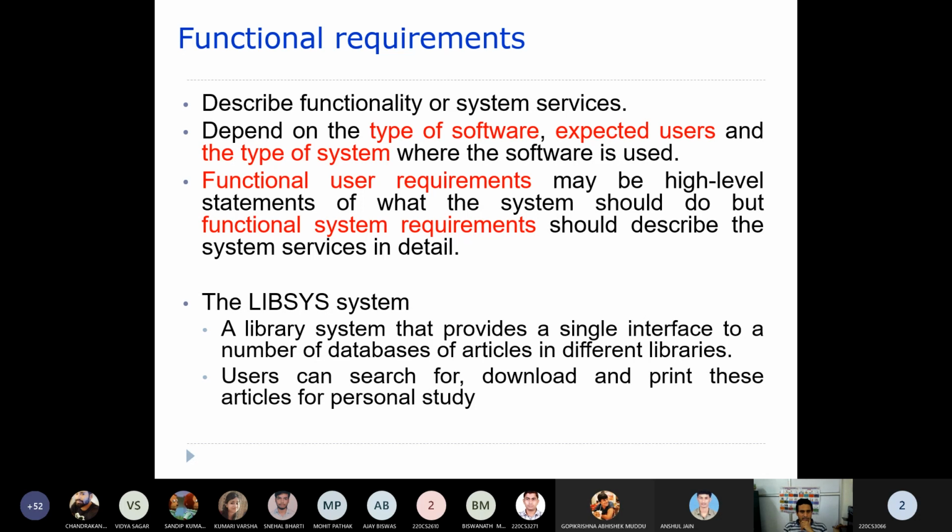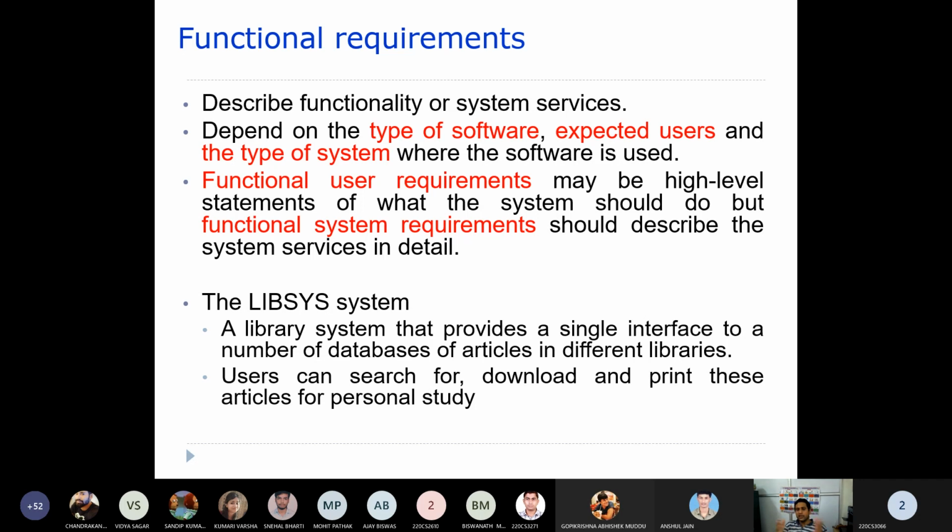Let's say there is a library system, and these statements are there as a requirement: a library system that provides a single interface to a number of databases of articles in different libraries. Through this you can search, download and print some of these articles.